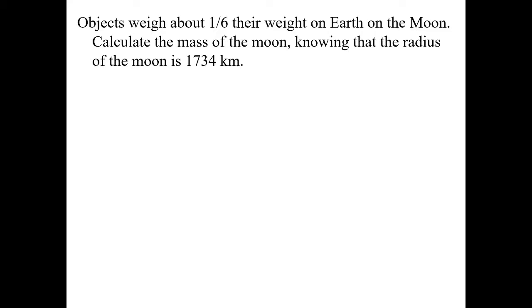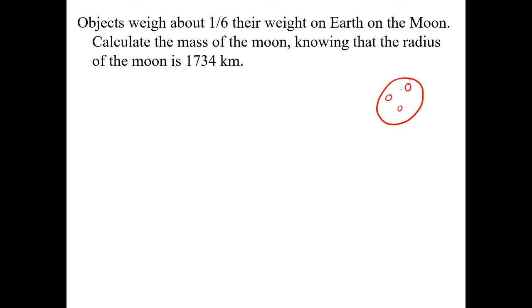Another thing that we know is that objects, we'll take a look at the moon, are about 1/6 of their weight on Earth. So let's see if we could calculate the mass of the moon, knowing the radius. So first order of business, here's the moon.